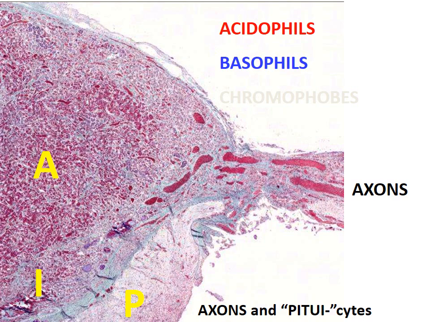So this feedback system acts through the portal circulation in the pituitary gland.